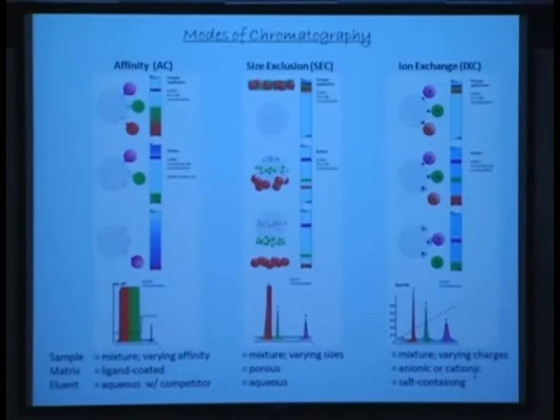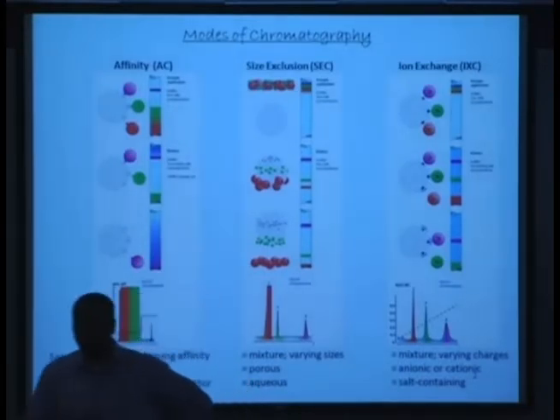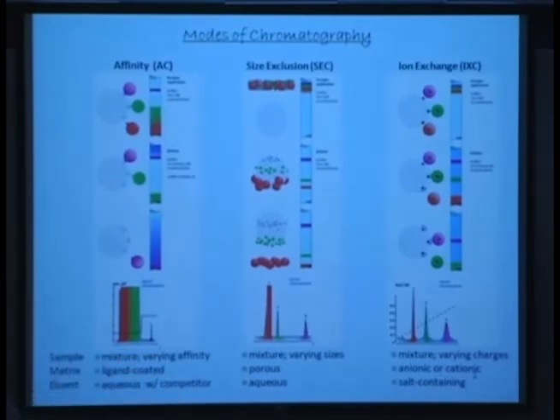So here are three techniques. We'll start with affinity chromatography. So affinity chromatography essentially relies on the affinity of two molecules. One of them obviously is the glycan. The other can be whatever the interacting partner is.